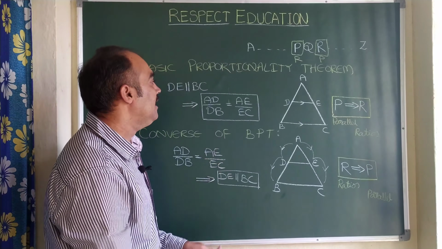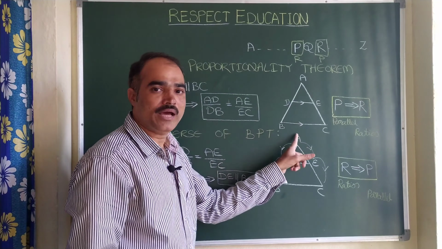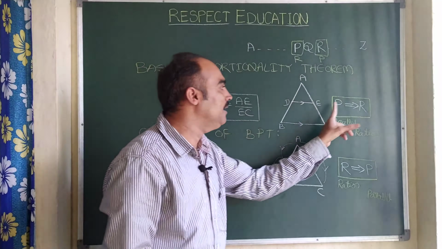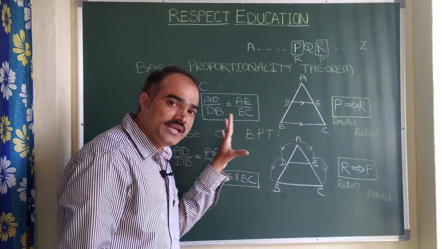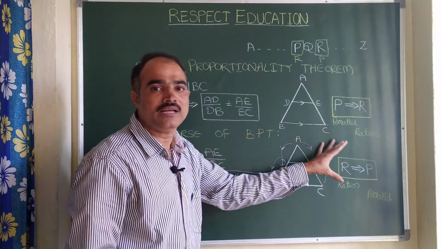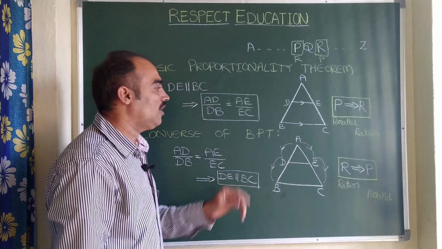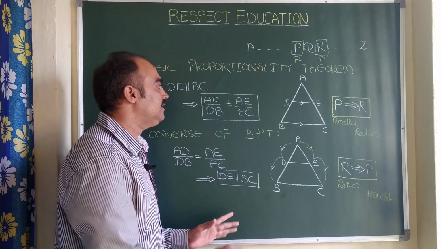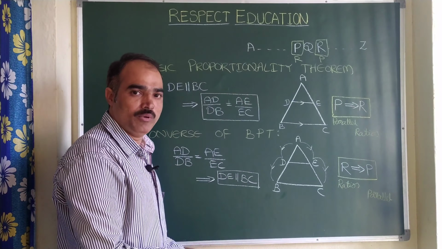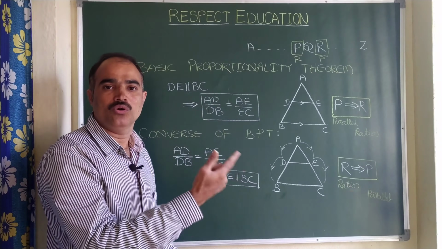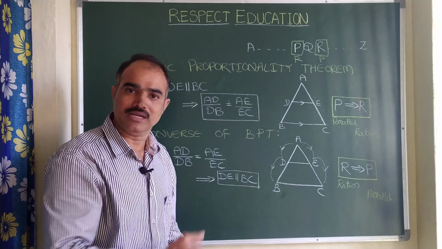Finally, if the lines are parallel, the corresponding ratios are equal. That is BPT, P implies R. If the ratios are equal, then the corresponding lines are parallel. So R implies P. This is the converse of BPT. I think it is easy for you to remember very well. Using these concepts, we are going to solve the problems in the upcoming exercises.